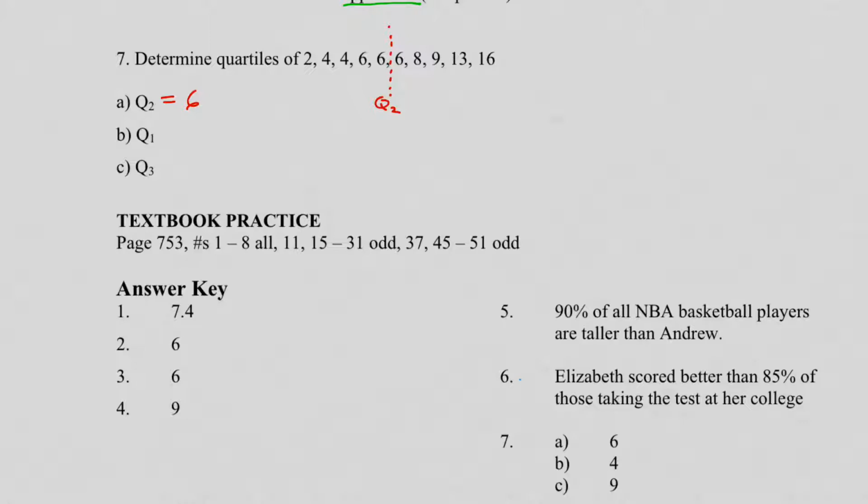Now Q1, we're going to split that in half. So if you can see, we have 1, 2, 3, 4, 5. This is an odd amount, so the median is just going to be the middle. So we just circle it. That's the middle number. Okay, so you do the median of the first half. That's going to be 4.